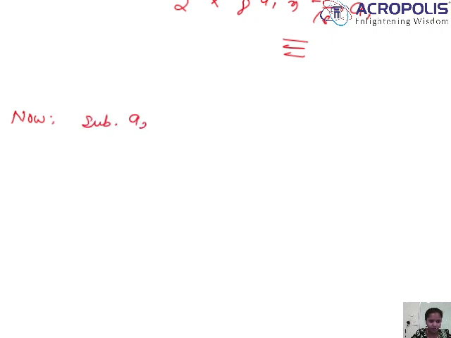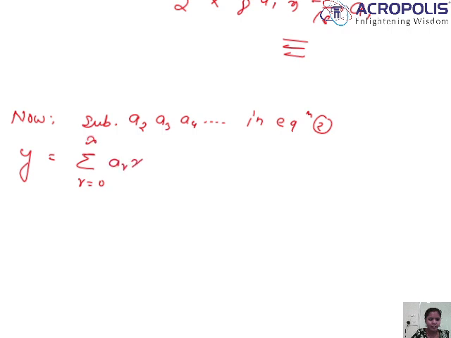Equation number 2 is y equals summation r equals 0 to infinity of ar x to the power r, that means a0 plus a1x plus a2x square and so on.